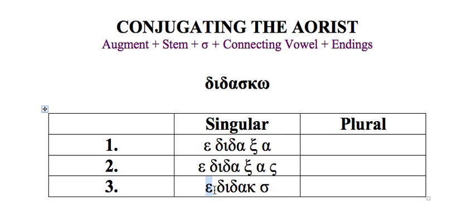Getting back, we had epsilon for our augment, didak for our stem, sigma for our aorist. We combine the kappa and the sigma for a xi, not a psi. Alpha is our connecting vowel. No, it's not. It's epsilon here. And then our movable nu.